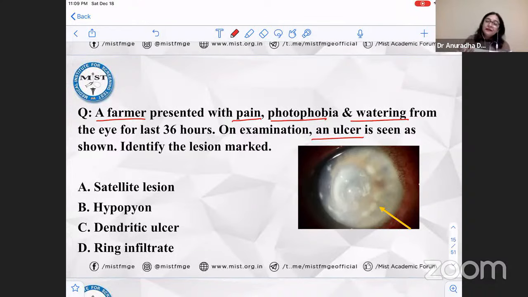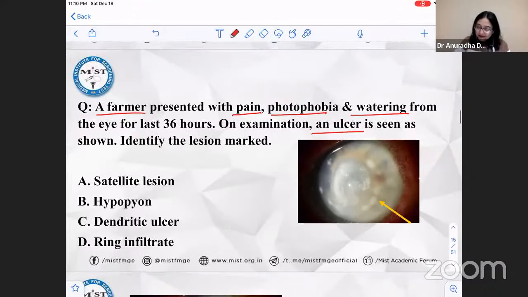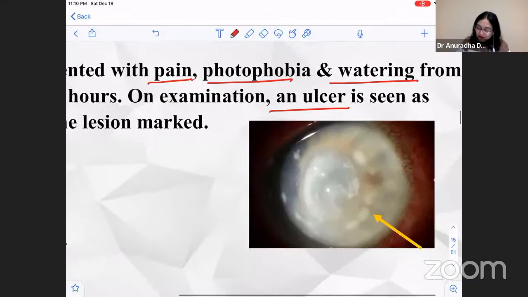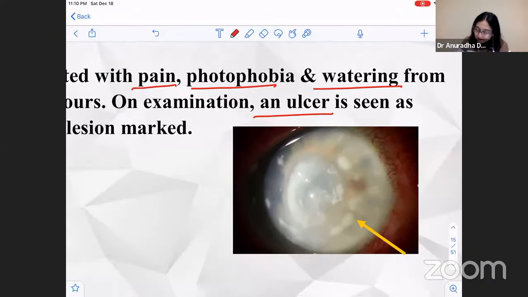So here we can identify from the history as well as from the lesion what ulcer it is. If a farmer gets an ulcer, most likely it is going to be a fungal corneal ulcer. And if you see the image and the lesion they are asking about, they have marked the arrow at, there is a main ulcer.